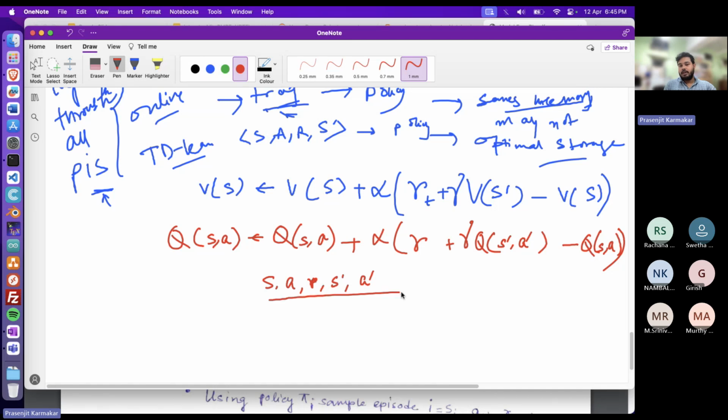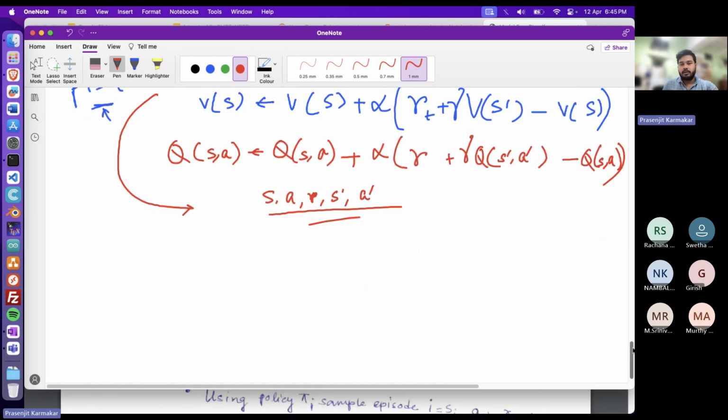See this name, this is called SARSA, and the algorithm is also named SARSA. So the next algorithm, when I convert my TD learning with a Q function, is called SARSA. That's the algorithm name. So let's write the entire algorithm.